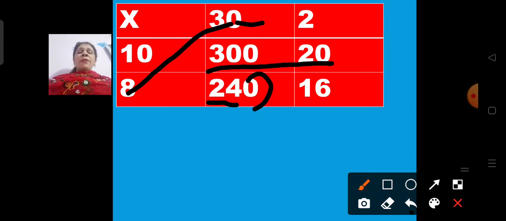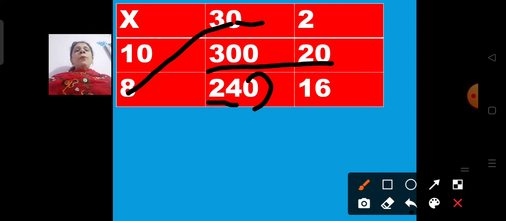So when we multiply 30 into 8 we get our answer 240. We have to multiply 3 8s first because we don't know the 30 table. Then whatever zero is there in the number, we write that zero next to that number. So 30 8s we get 240.